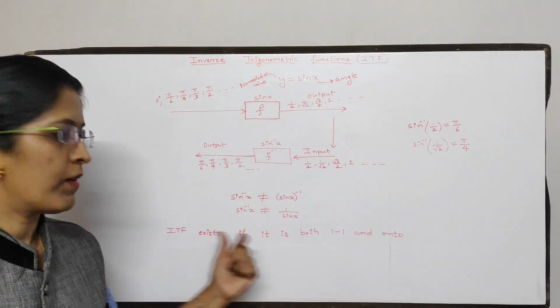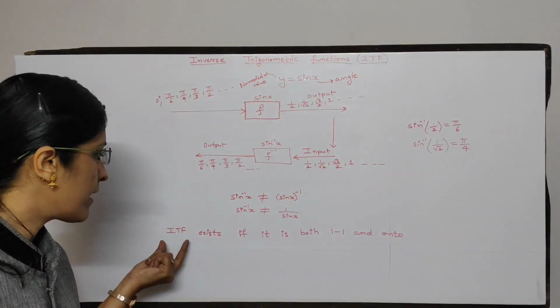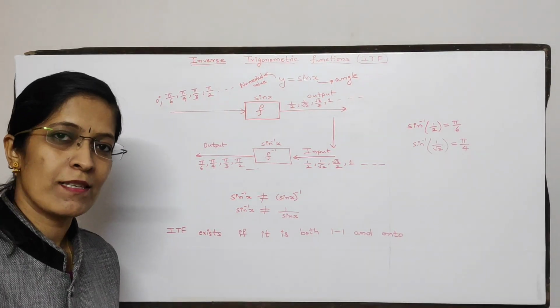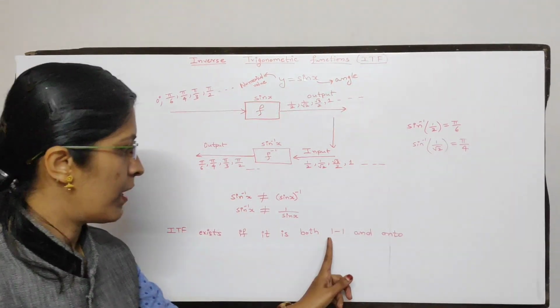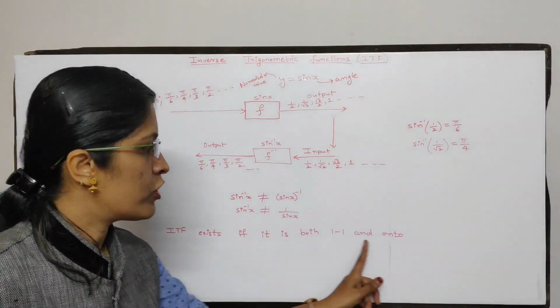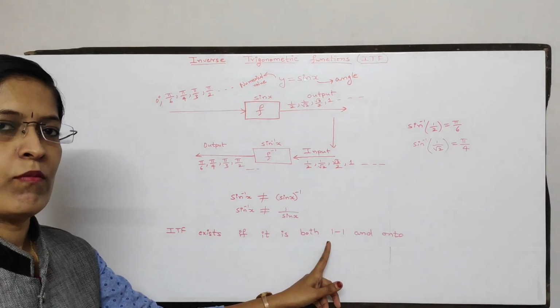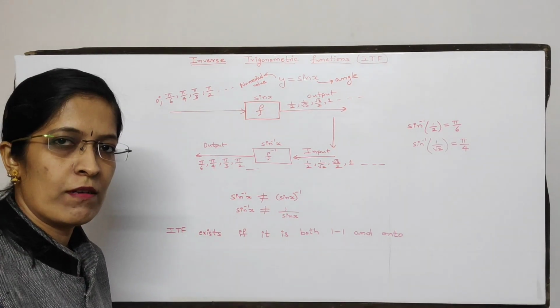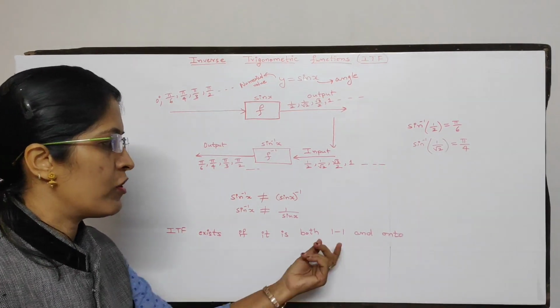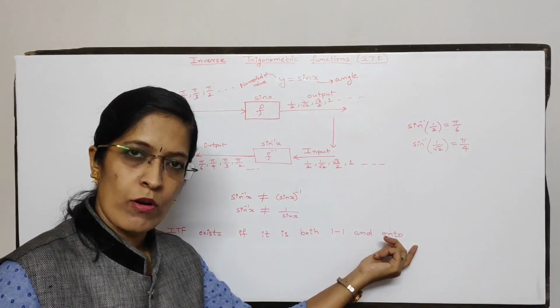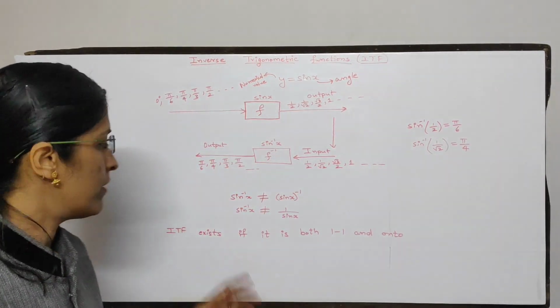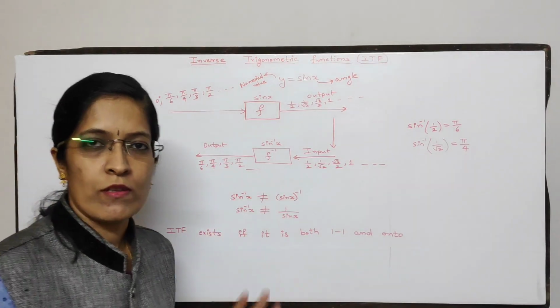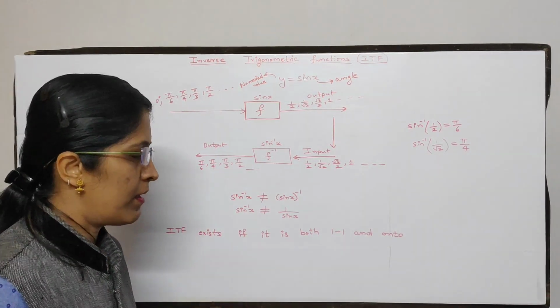If it is both 1-1 and onto, then we can say that the inverse trigonometric function exists. Always remember this: if the function is 1-1 and onto, then only can I find the inverse of the given function. Okay, this thing is clear.